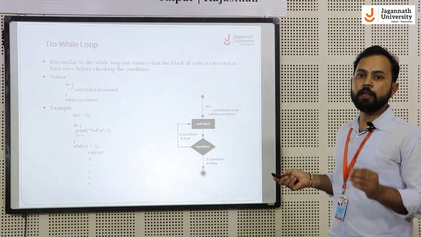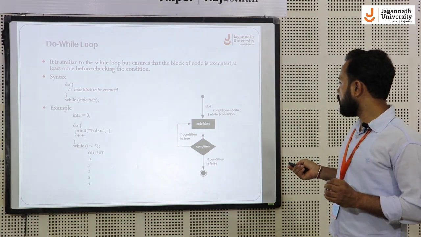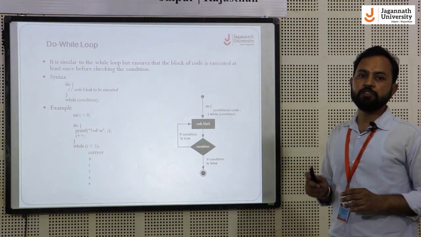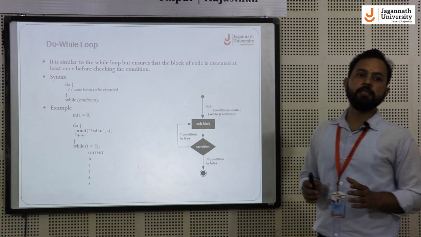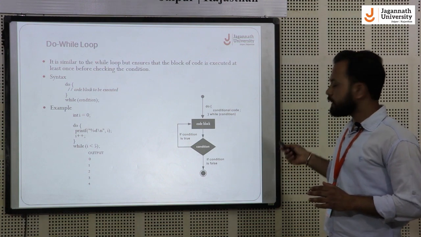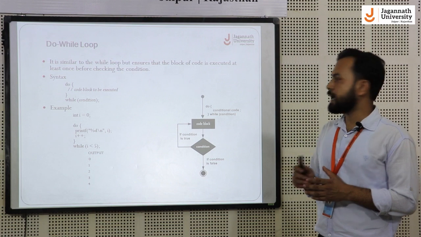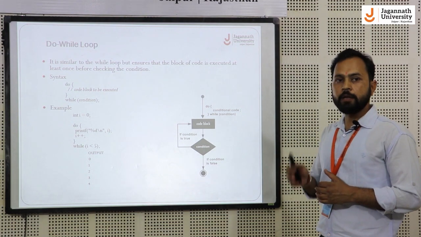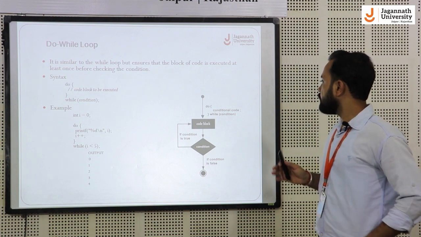We are not checking the condition first; first we execute the code block, then the condition is checked. After checking the condition, if it is true, your code block will be executed again, then again the condition will be checked, and if true then the code block will be executed. So the same is repeated until your condition becomes false.